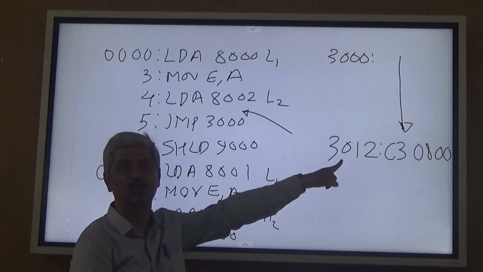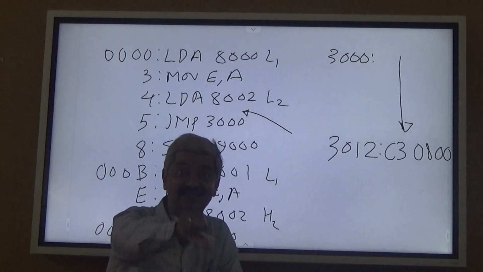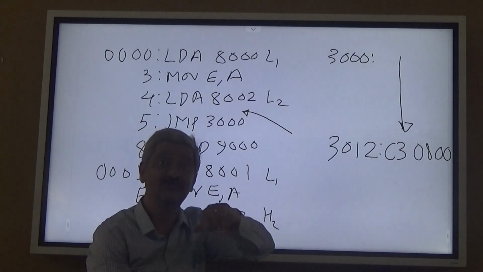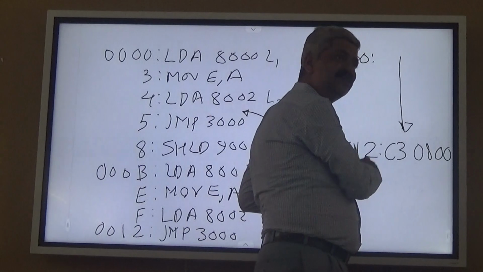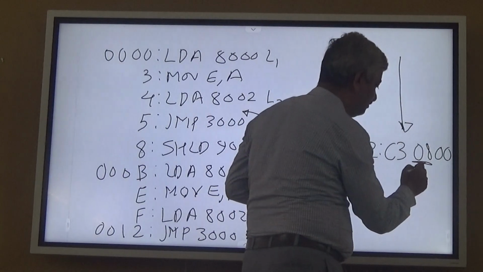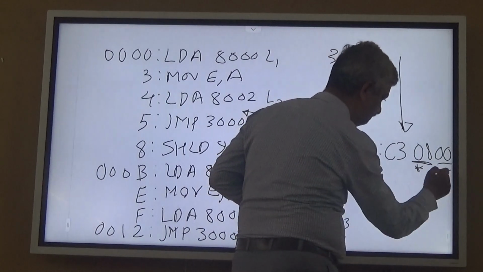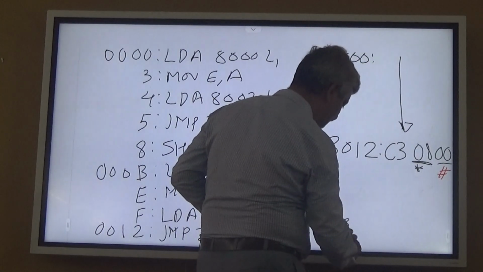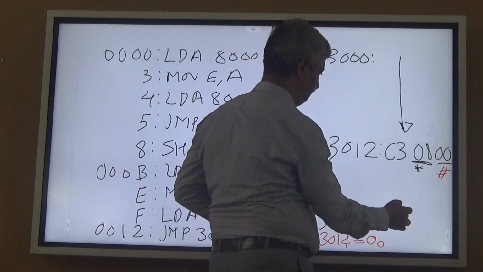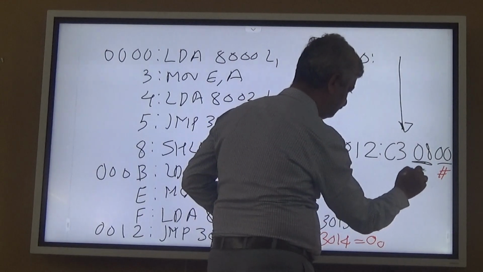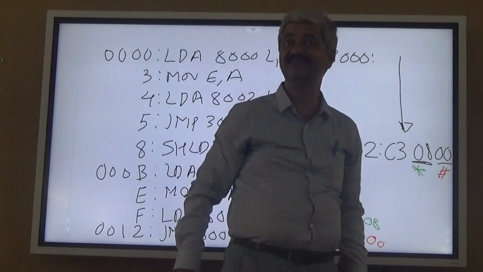Jump instruction at 3012. 3012 ला काय आहे, जम्पचा ऑपकोड तो किती आहे, C3. नंतर 3013 ला काय असतं, लोअर बाइट व्हेअर टू जम्प, आणि 3014 ला काय असणार, हायर बाइट. आर यू गेटिंग मी? 3012 ला ही इन्स्ट्रक्शन आहे जम्प, म्हणजे ऑपकोड जम्पचा. हे कुठं असतं, 3013 ला, आणि हे कुठं असतं, 3014 ला. लक्षात आलं?